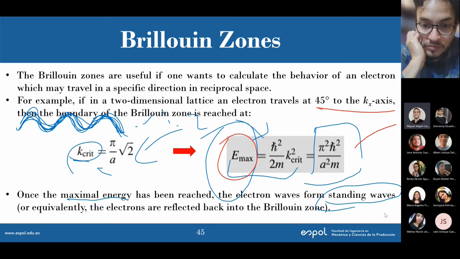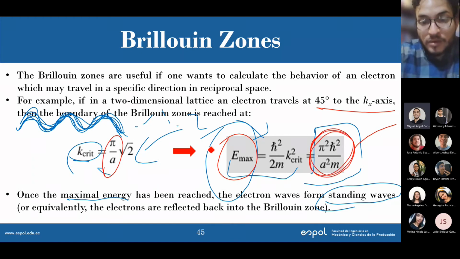Pi over a. Yeah, that's a critical value. So this equation, what will change in that? It will just be half of that, right? Because you will have a 2 there. This 2 is not going to disappear, because now k is only pi over a.